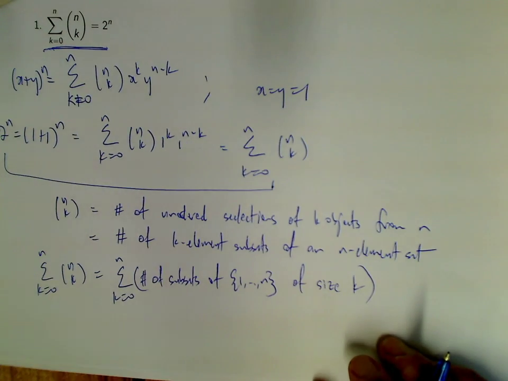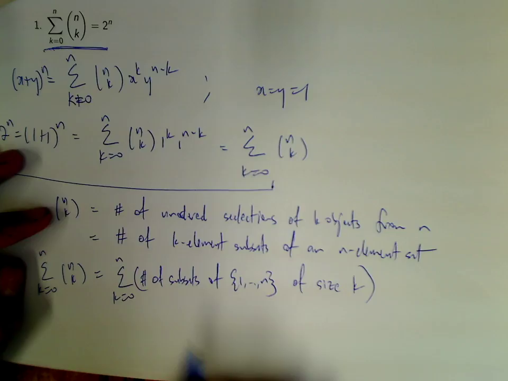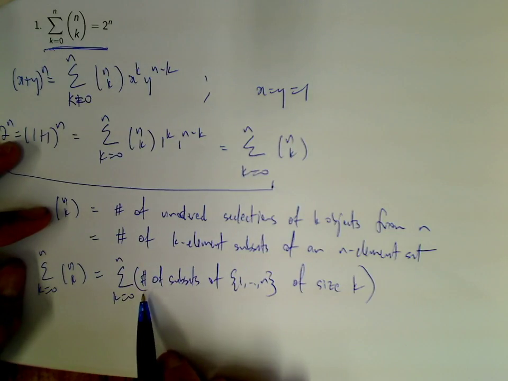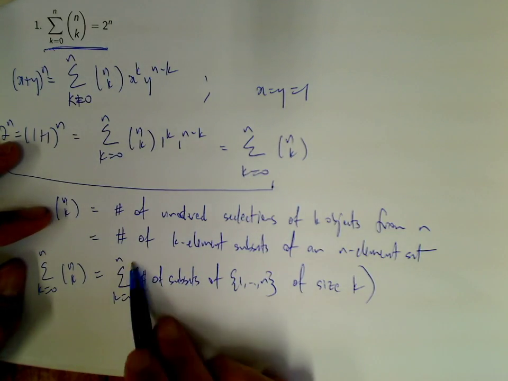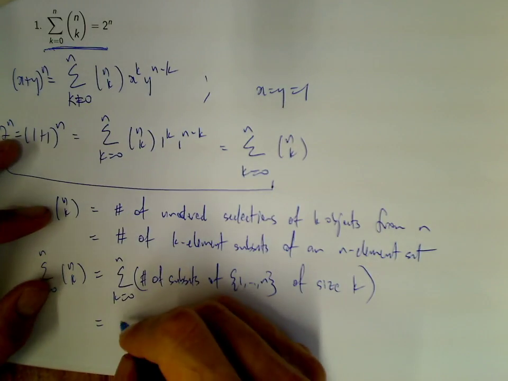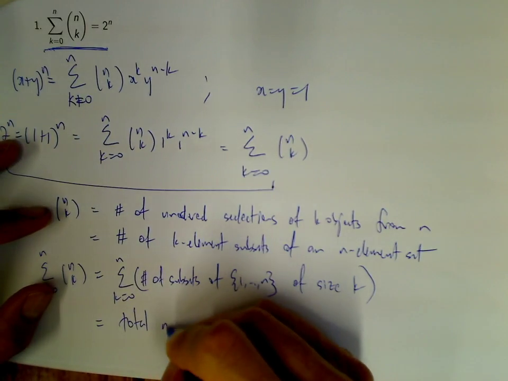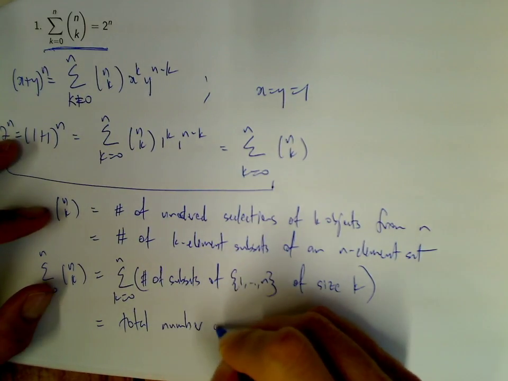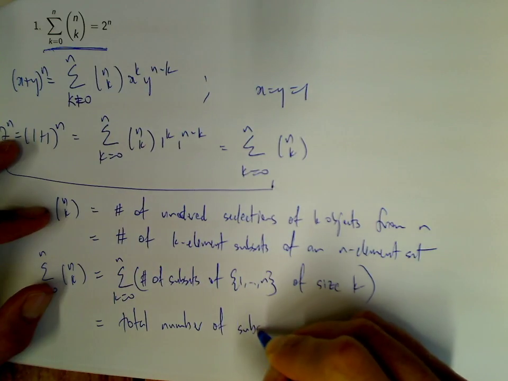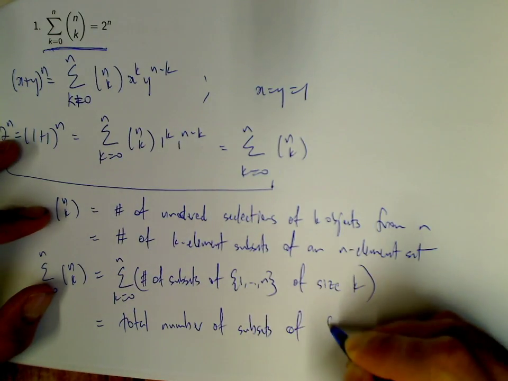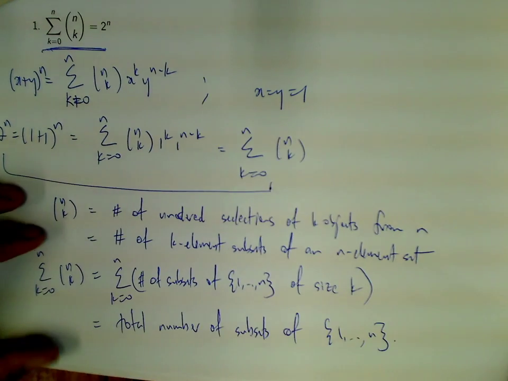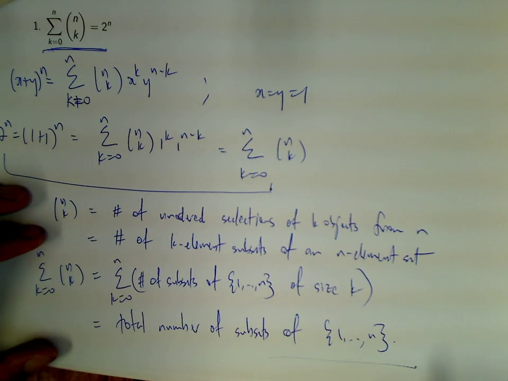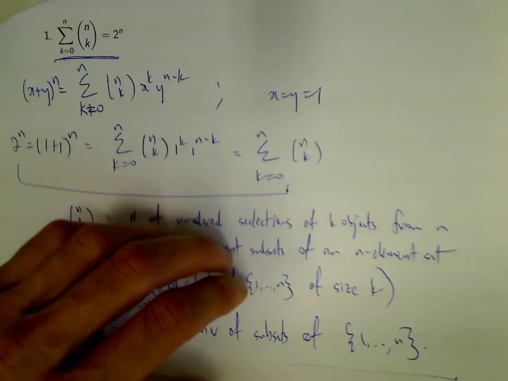That's what we're actually adding up. We're adding up these n choose k's, the number of subsets of 1 to n of size k, from k equals 0 to n, and so that's going to equal the total number of subsets of our set 1 up to n. Okay, and so we can use a combinatorial approach to actually figure out what that's equal to.